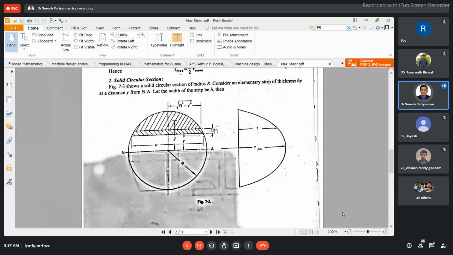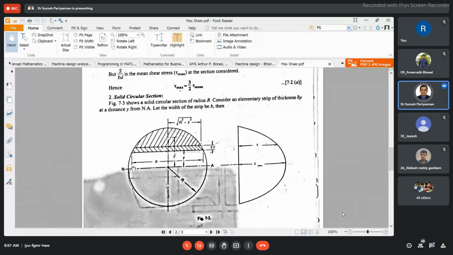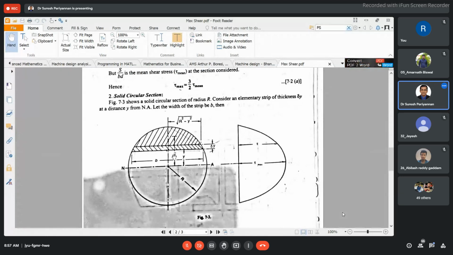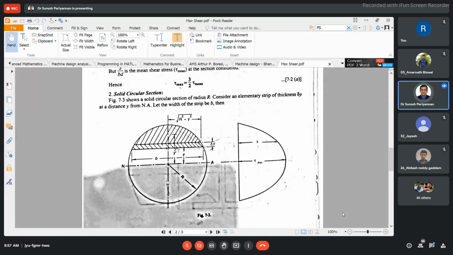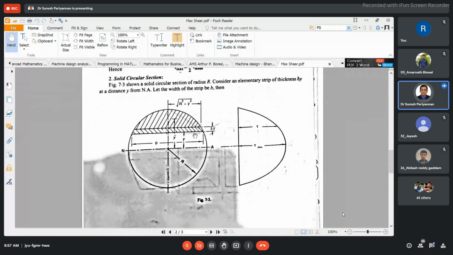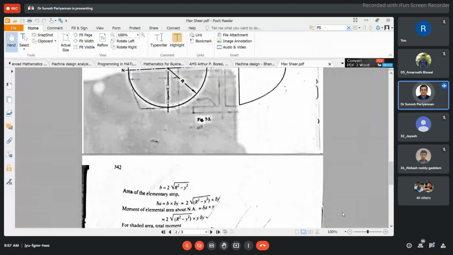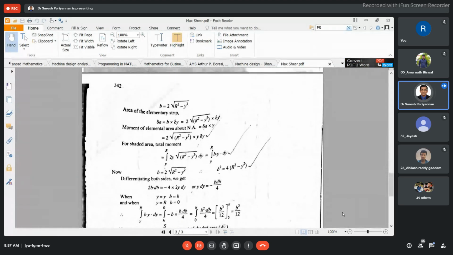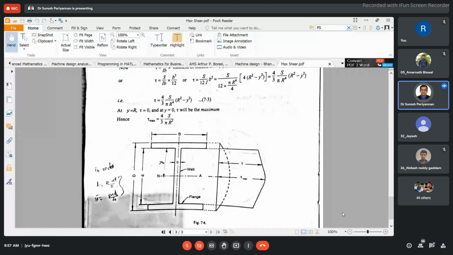Similarly, consider the solid circular section with this neutral axis. The small delta y section is offset by a distance y from the neutral axis. Applying the basic concepts, you can derive this equation easily, but you might have already studied it.